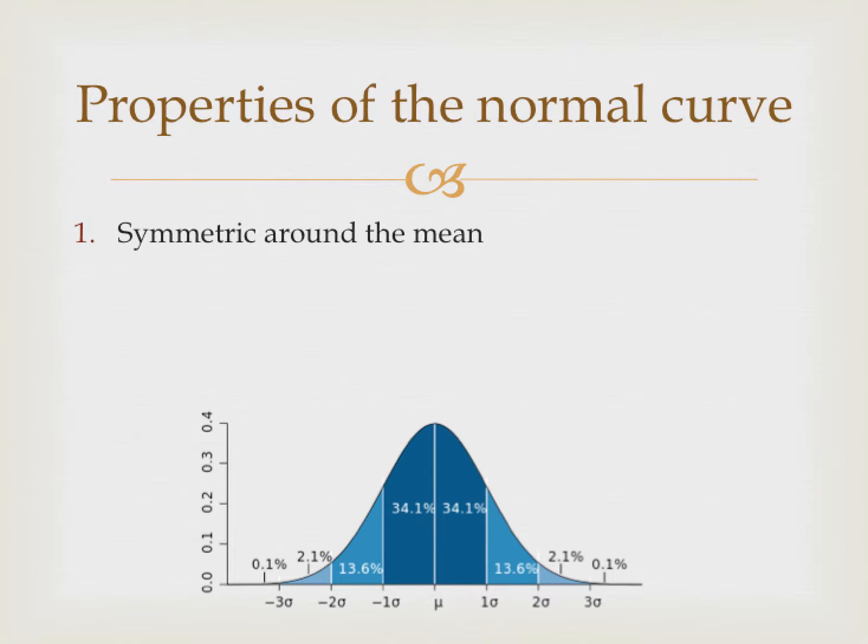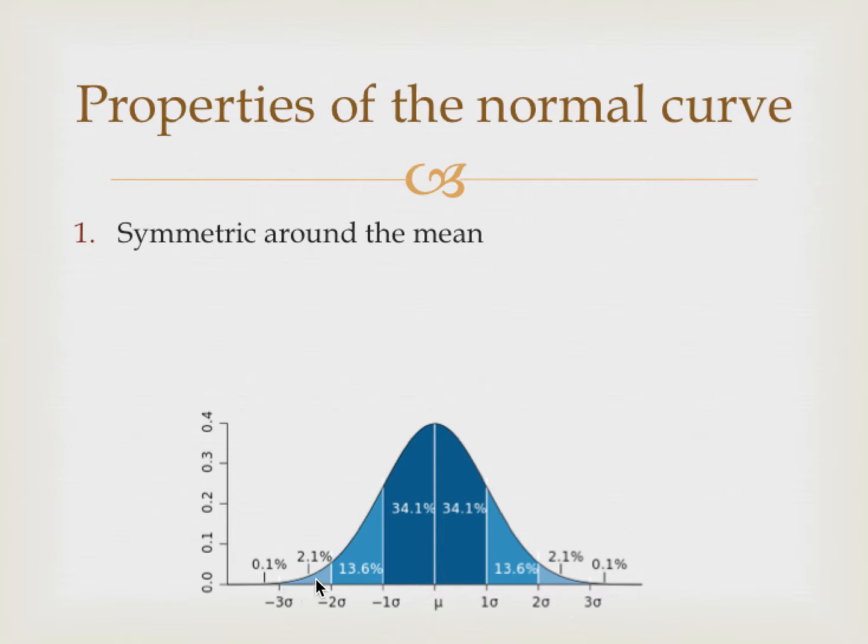Well, first of all, you might have already noticed it, but it's symmetric around the mean. What that means is that from the mean up, that is the same as the mean down. So we have 34.1% both one standard deviation above and one standard deviation below the mean. We have from one standard deviation to two standard deviations, 13.6. Well, from -1 to -2, it's 13.6.